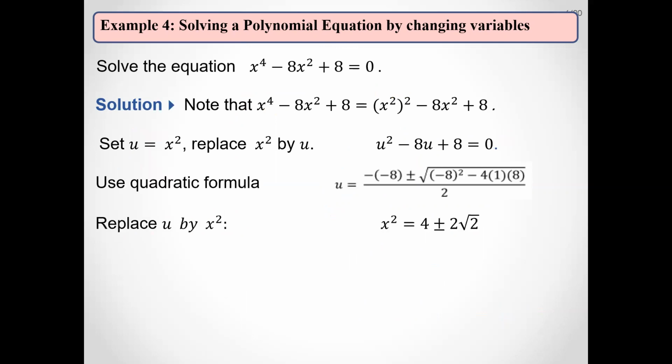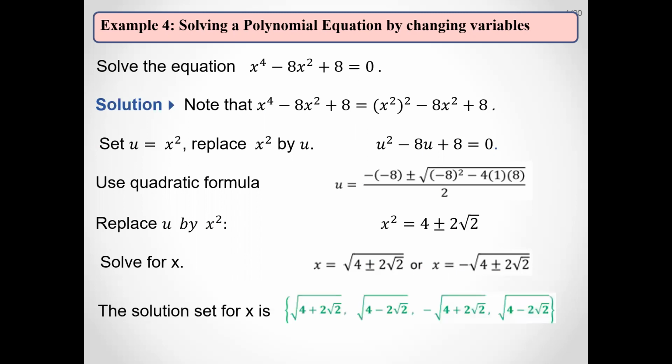Then he also used the quadratic formula. He calculated u and then he solved for x with the square root property, which gives plus or minus the root of this real number, and we get 4 solutions as I said.